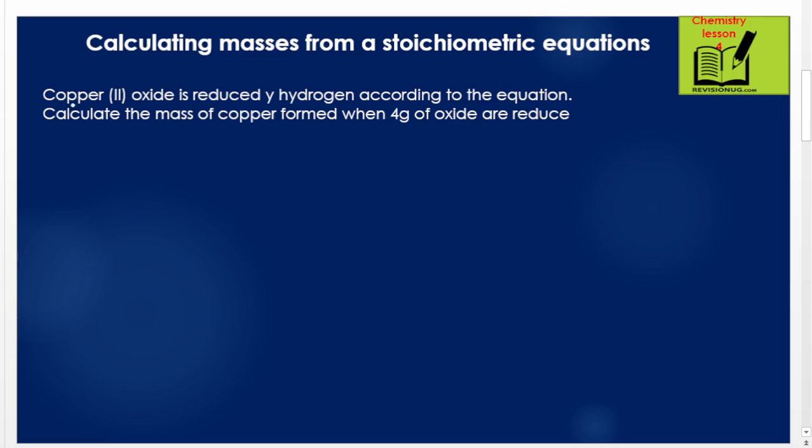Now this question number 2, they are telling us that copper 2 oxide is reduced by hydrogen according to the equation. So remember, reduction, this is when we remove oxygen from a given compound, or we add hydrogen to a given compound, or it is the gain of electrons, sorry.